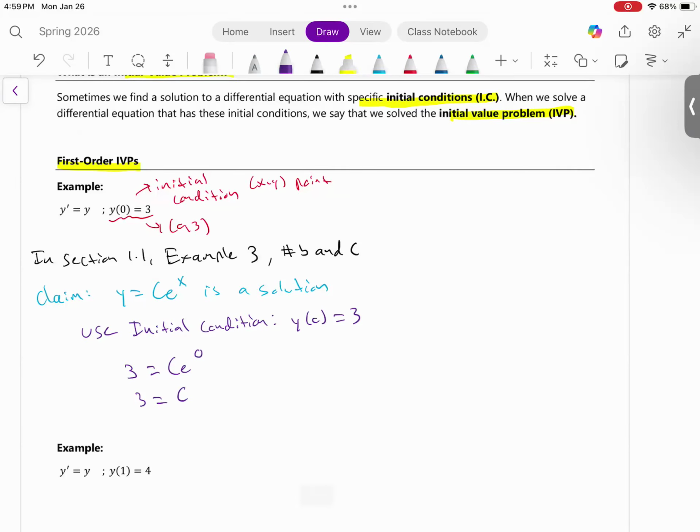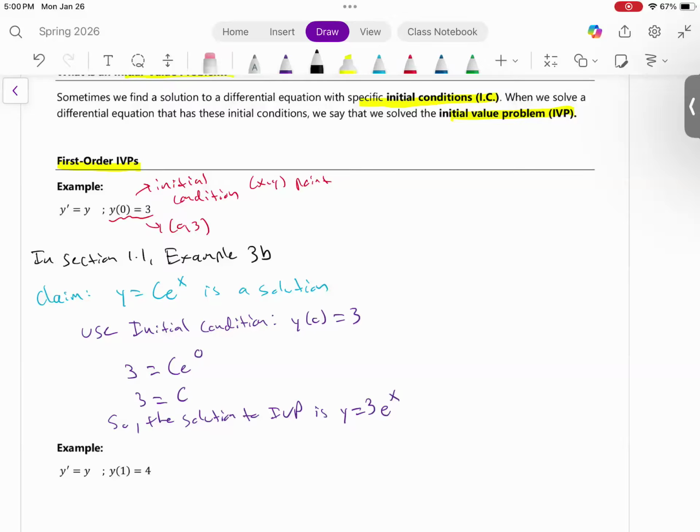So the solution to the initial value problem is y equals 3 e to the x. That's example 3b, and that's our solution.